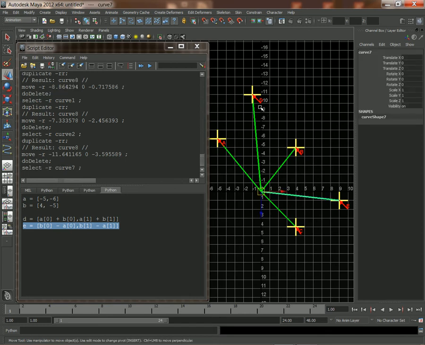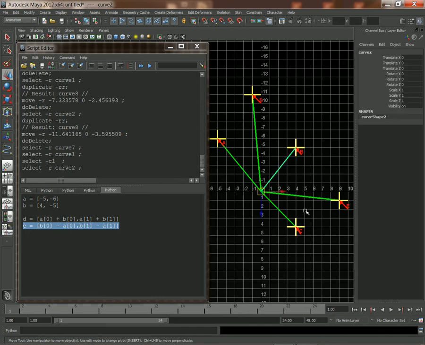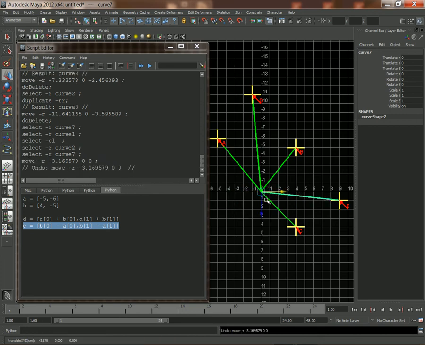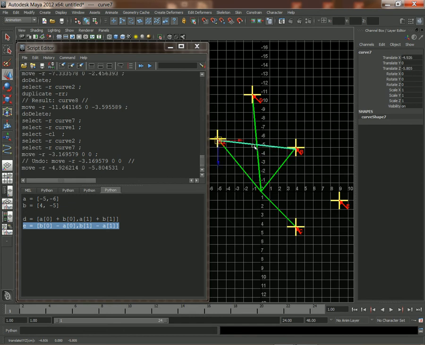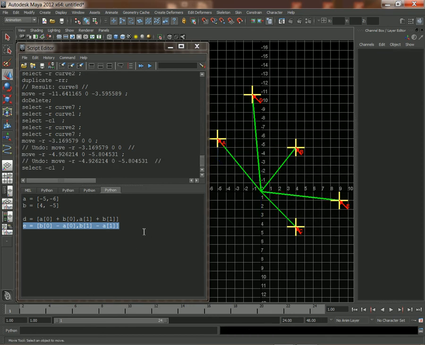So when we subtracted A from B and got our vector of E, one of the interesting things about it is it gave us the length of the vector between A and B. So one of the interesting things that we can do with that is we could find the exact middle position between A and B by using multiplication.